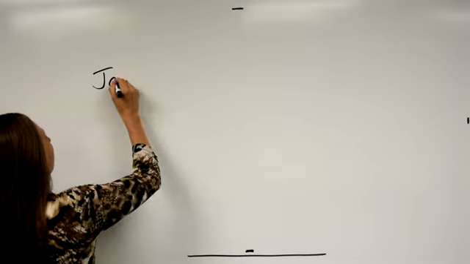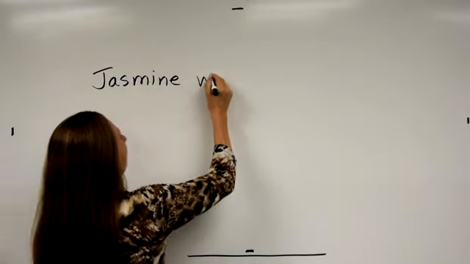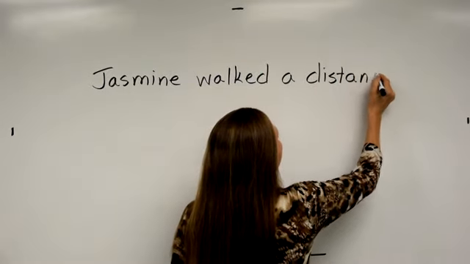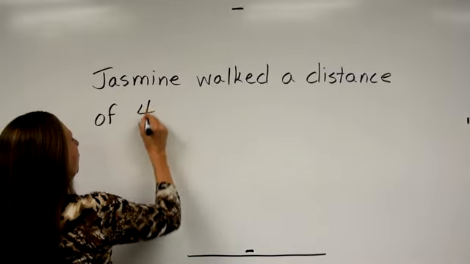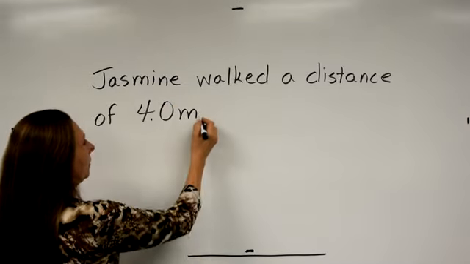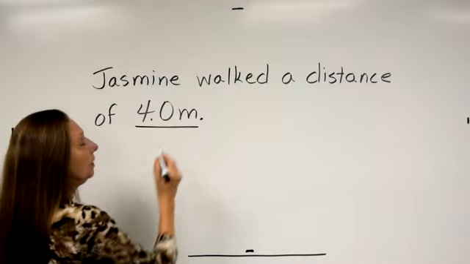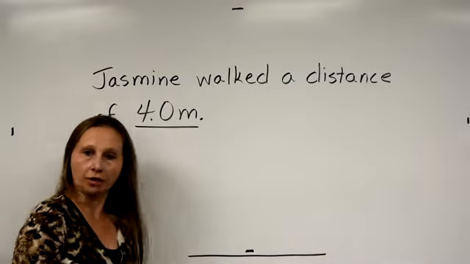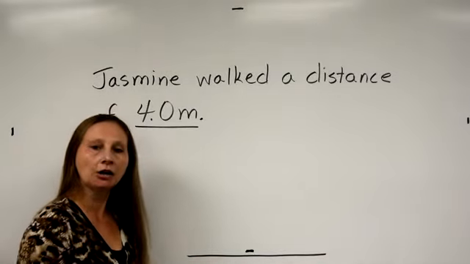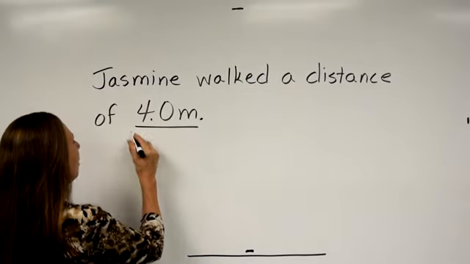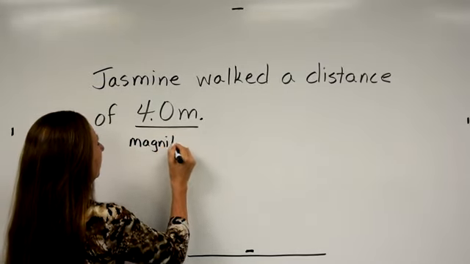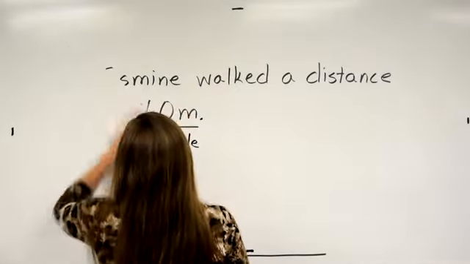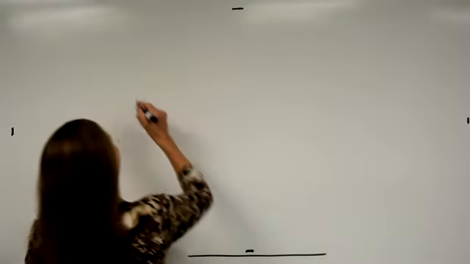And if I were to write, Jasmine walked a distance of 4 meters, there's the magnitude of the distance that Jasmine walked. And again, a scalar has only magnitude, so here we have only a magnitude and its accompanying unit.